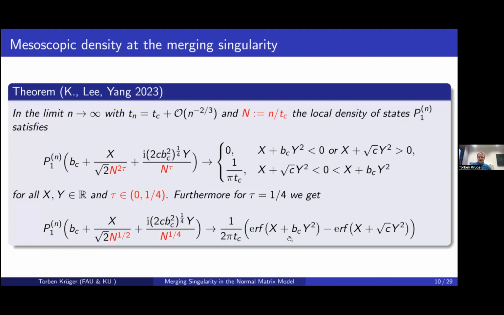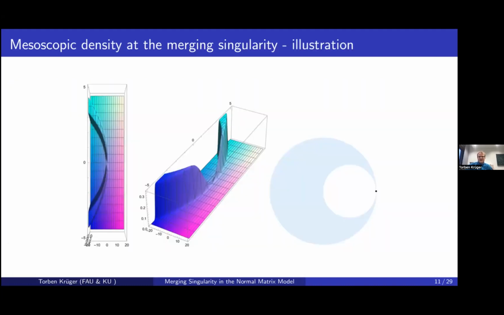So that means that there's a characteristic length scale where the density lives, and it lives on this length scale n to the -1/4 away from the singularity. It moves from 0 to the bulk value, so from 0 to 1 essentially, or 1 over pi times c. So that's the bulk value. So there's a characteristic length scale of the density, which is n to the -1/4. Okay, so that's the first result about the global density.